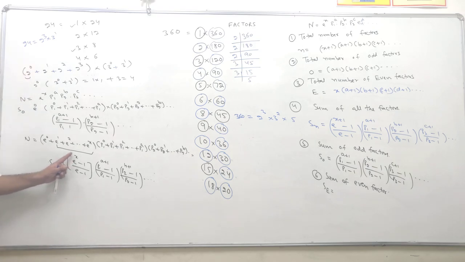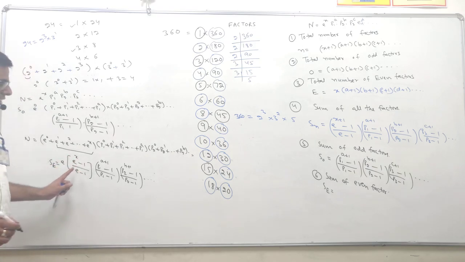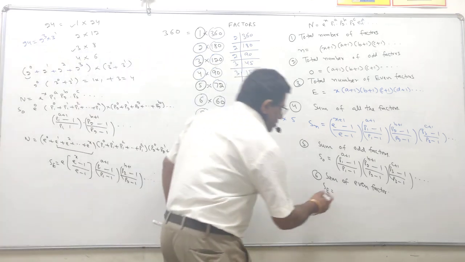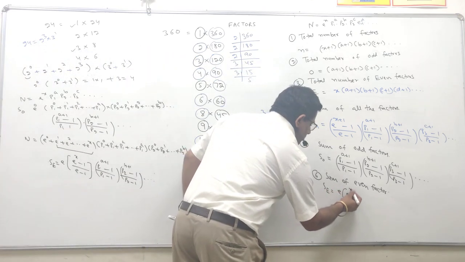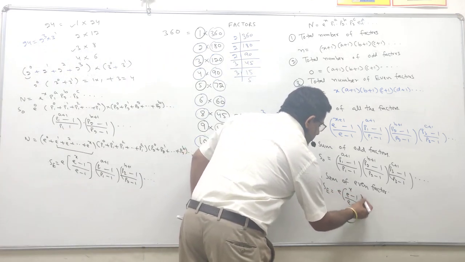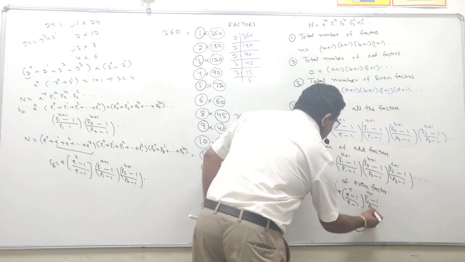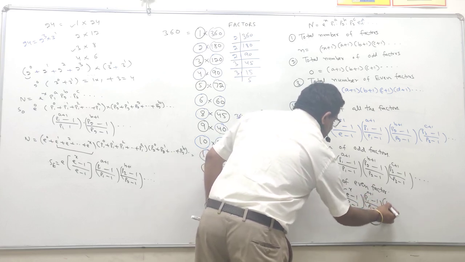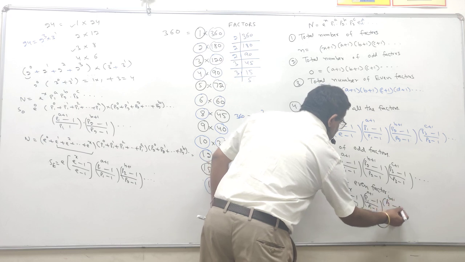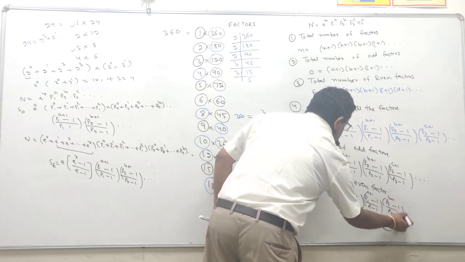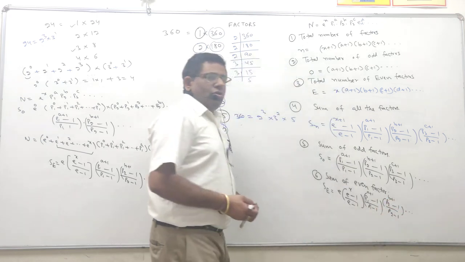So it becomes 2 raised to the power x plus 1 minus 2, or you can write this as well, as you wish. This is 2 raised to the power x minus 1 upon 2 minus 1, p1 raised to the power a plus 1 minus 1 upon p1 minus 1, p2 raised to the power b plus 1 minus 1 upon p2 minus 1, and so on. We get the sum of all the even factors.